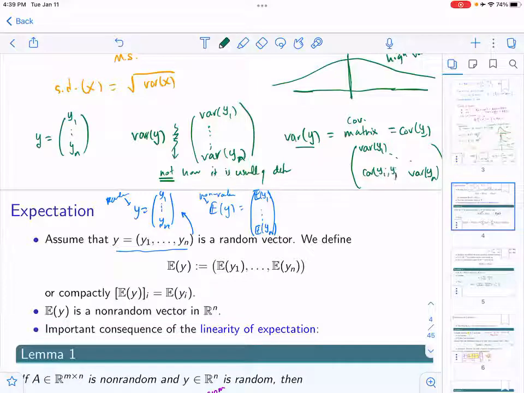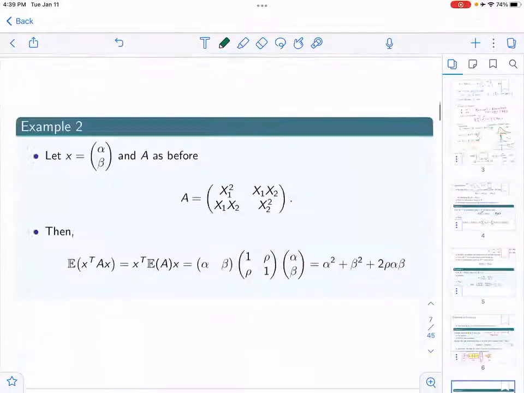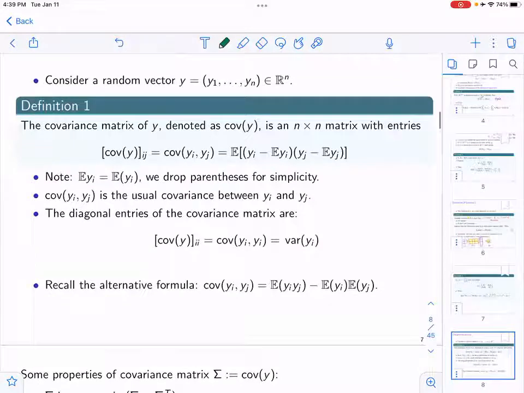So if you look at a matrix whose ij-th element is the covariance of yi and yj, that would be what we usually use as the equivalent of the variance for a random vector. I usually write it as cov y. Some people write it as var y.